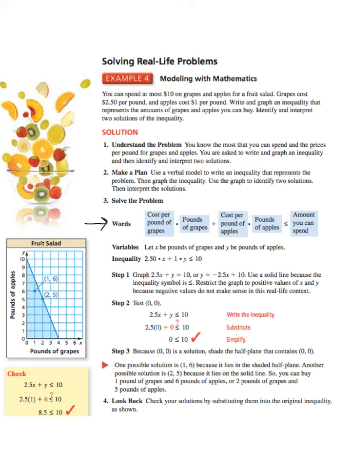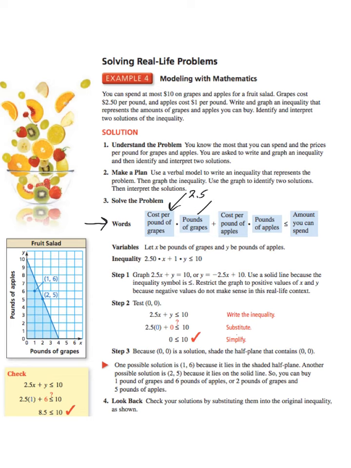So let me just show you what we're going to do. The cost per pound of grapes was $2.50, right? So the number of pounds of grapes will just probably be G. In this case, let me go ahead and use their variables. That probably makes more sense.